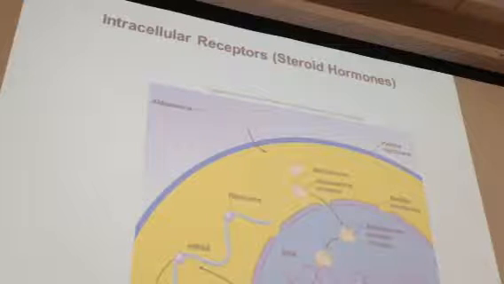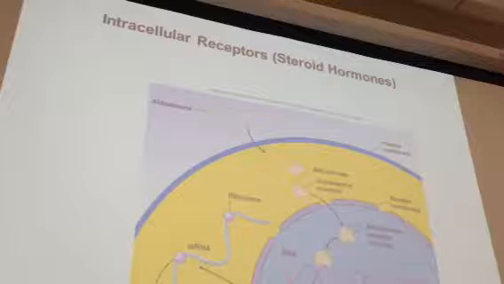And the receptor is going to be not on the cell membrane, but in one of two cases. The receptor is going to be located in the cytoplasm or in the nucleus.